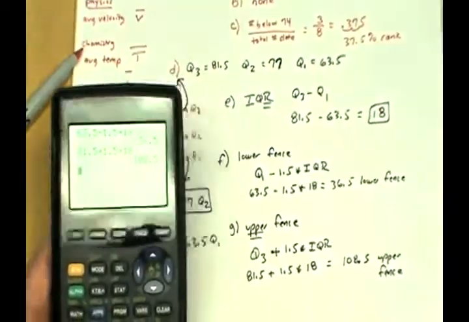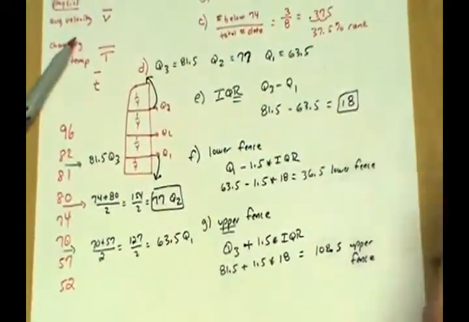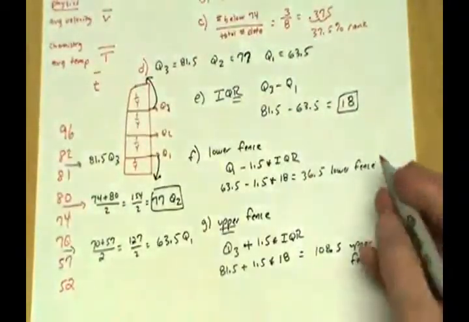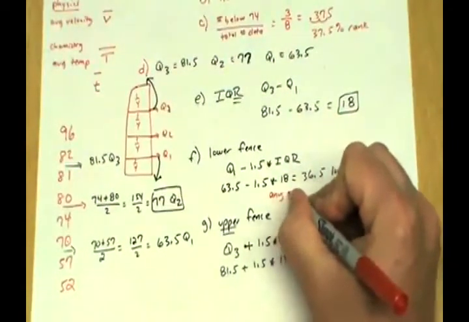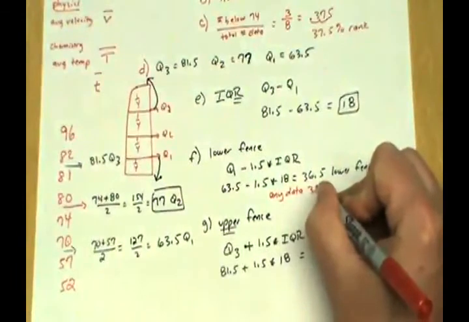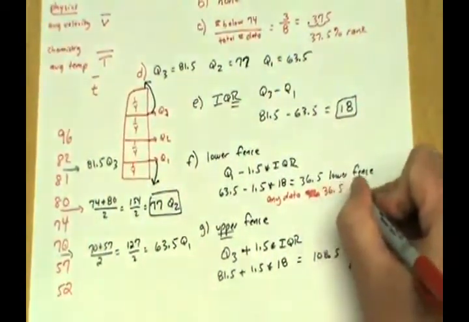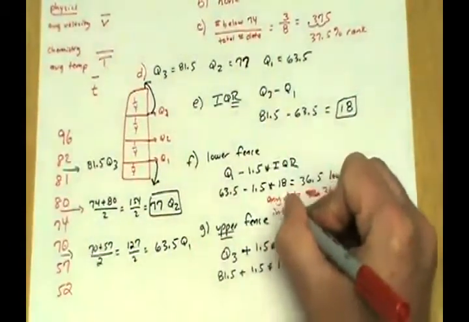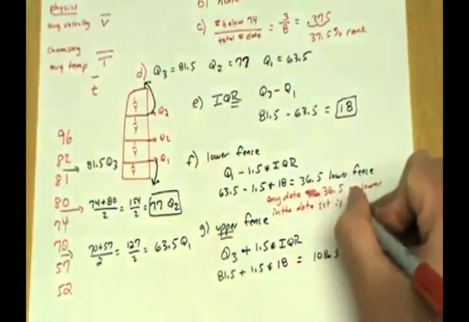Okay, 108.5. Make sure that looks good. So what we're looking at is any data, see now here for lower fence, let me get my pen. Any data 36.5 or lower in the data set is an outlier.